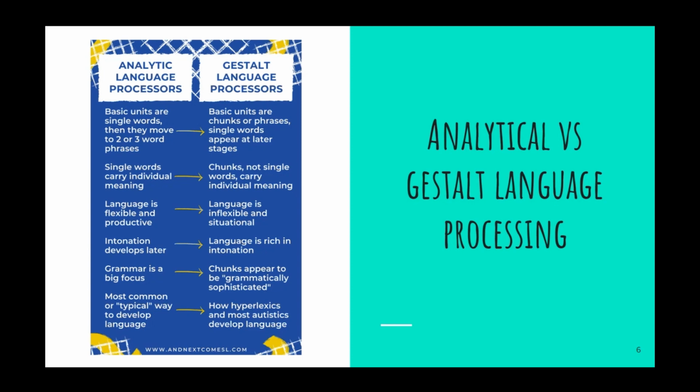And in the case of a child who's appearing to use Gestalt language processing, it might be really difficult to figure out whether they're using analytic language processing as well. And in fact, if you know that they're using GLP, then using ALP strategies and techniques might not support that child and their language development. So that's important to consider too.